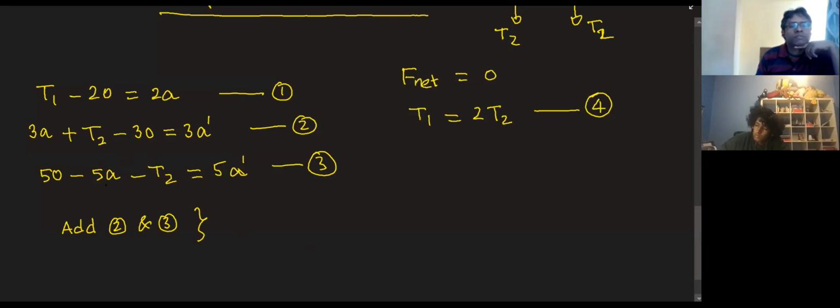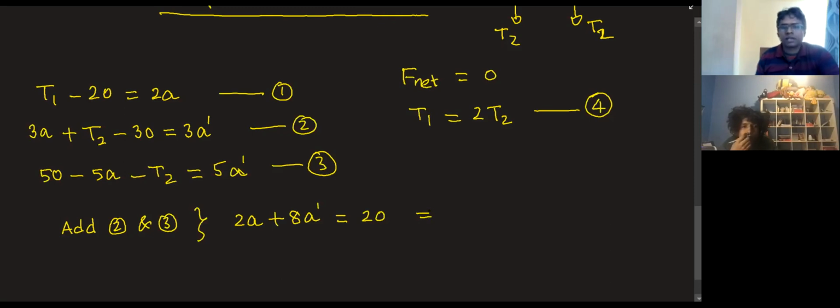If I send 2a to the other side, I can write this as 2a plus 8a prime is equal to 20. Simplifying further, a plus 4a prime is equal to 10. We will call this our fifth equation.